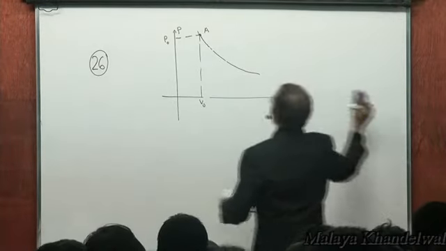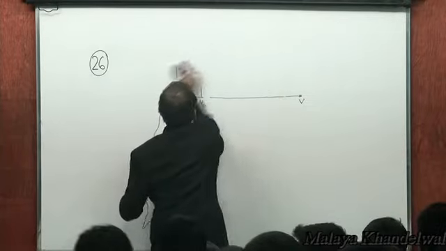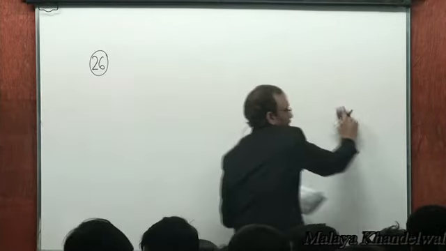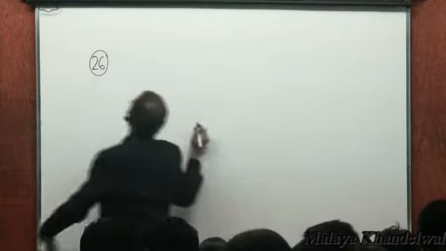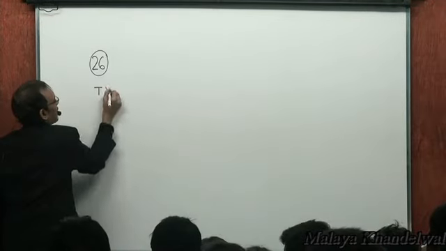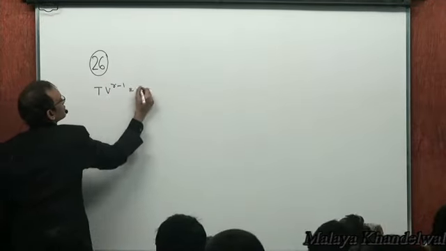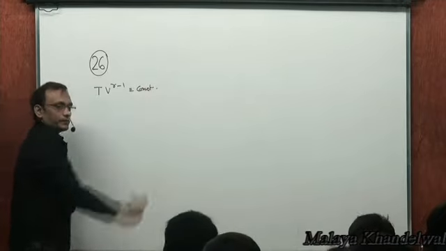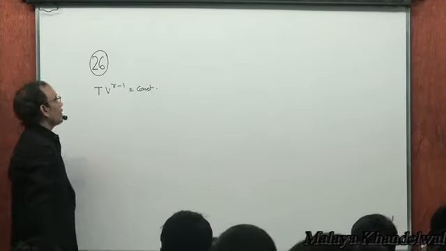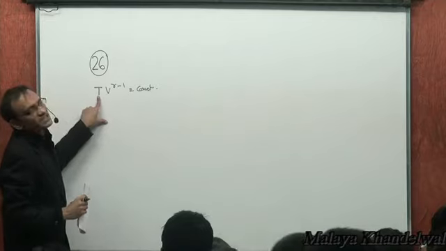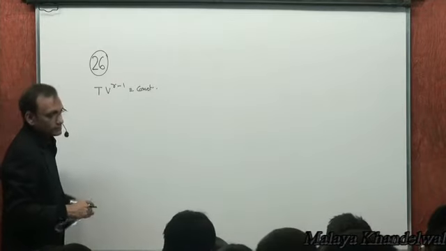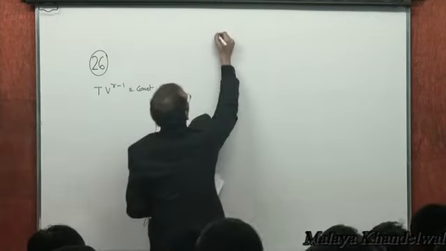So sorry, what they're talking of is not a PV graph but a VT graph. In a VT graph also TV to power gamma minus 1 is a constant. So if volume increases, temperature decreases and vice versa. So let me draw the VT graph.